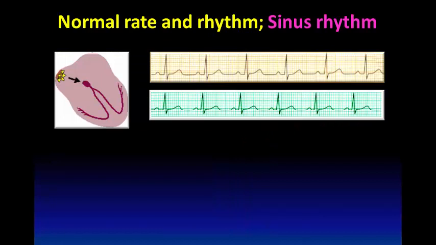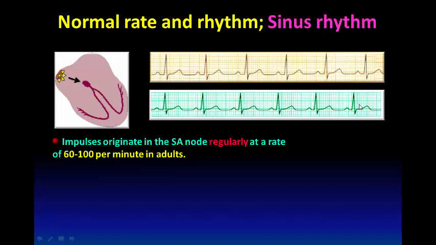Lastly, let's define the normal sinus rhythm. The normal sinus rhythm can be defined using the ECG. This ECG strip shows a normal sinus rhythm. Similarly, this ECG shows a normal sinus rhythm.